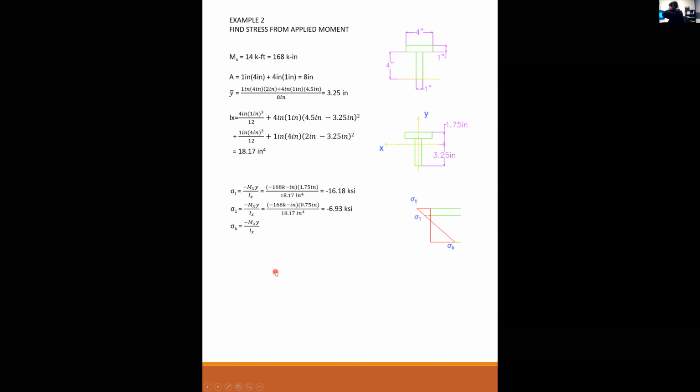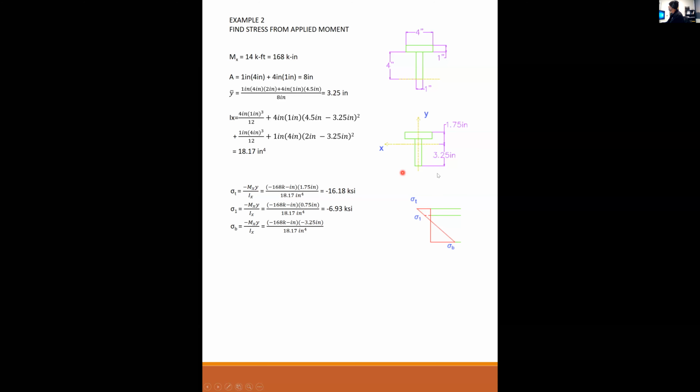Let's find the stress at the bottom of the whole assembly. So the stress down here at the very bottom is minus Mxy over I. The moment is the same, I is the same, but y is the one that varies. From the centroid to the bottom of the section is 3.25 inches, but you're moving in the direction opposite to the positive y. So this is going to be negative.